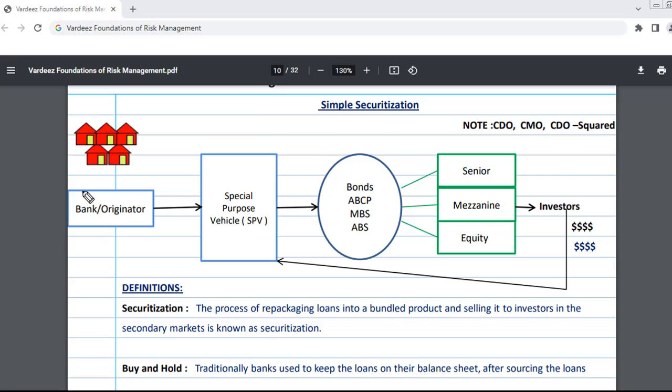If all the eligible customers are given loans, and all the prime customers are exhausted, then the bank has an option to give out loans to subprime borrowers as well. Because just think about it, for a bank, they just have to give out the loan, transfer it to the SPV, get their money back, and all the people are buying homes.